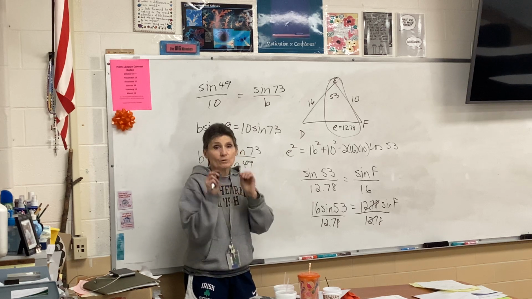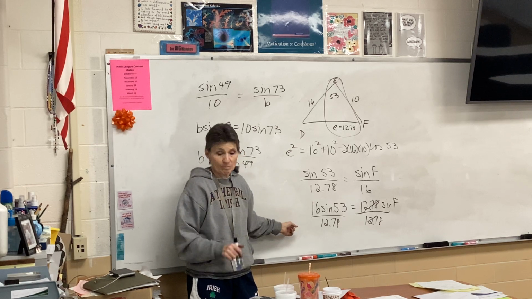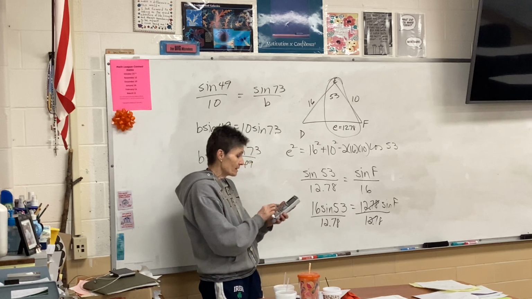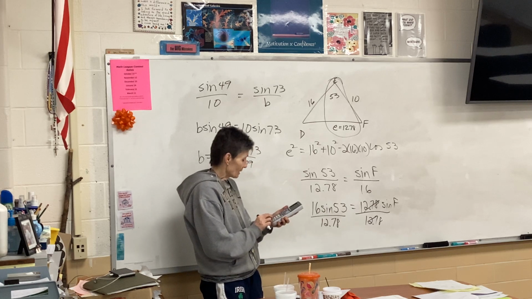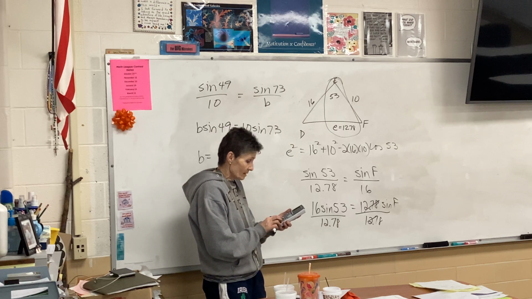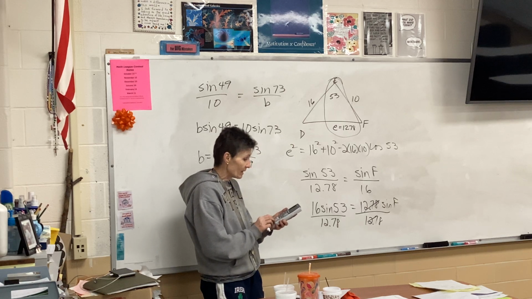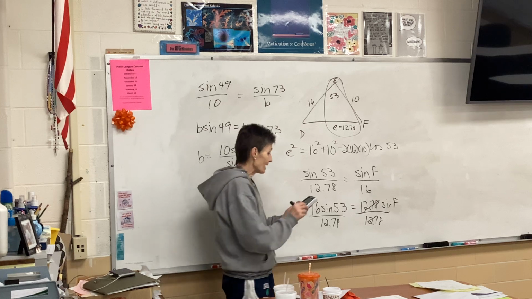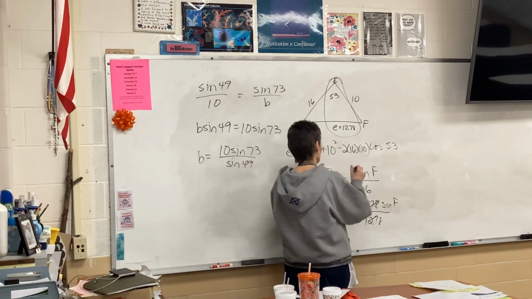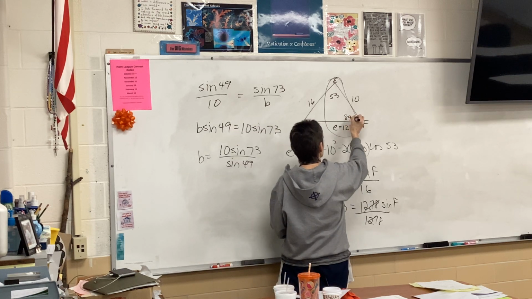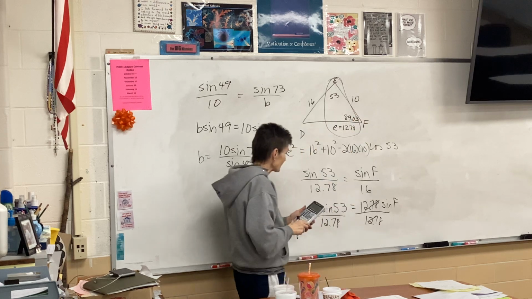You need to inverse sine that decimal. So I'm just going to type second sine, 16 sine 53, close parentheses, divided by 12.78. And I got 89.03. And that is angle F.